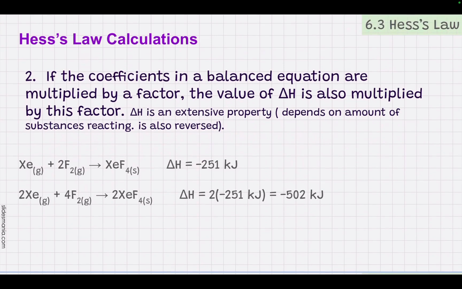So let's say I want to have 4 fluorines instead of 2. I would multiply this whole reaction times 2, but I would also multiply the delta H times 2. Those rules that I just showed you are what we're going to use when we do Hess's law.